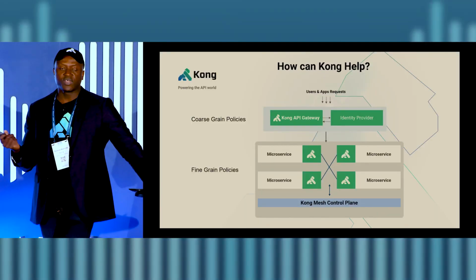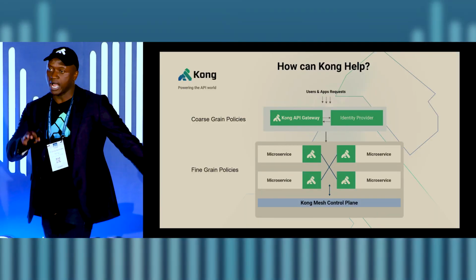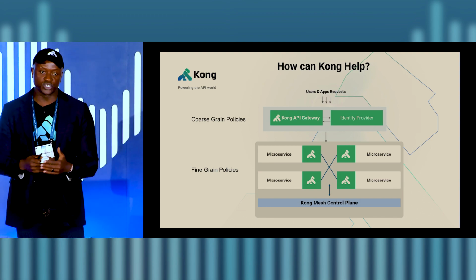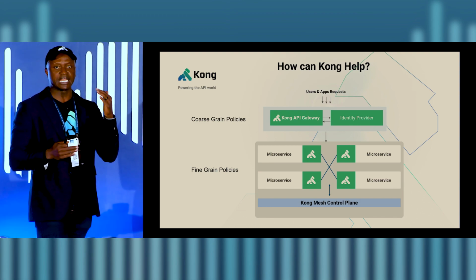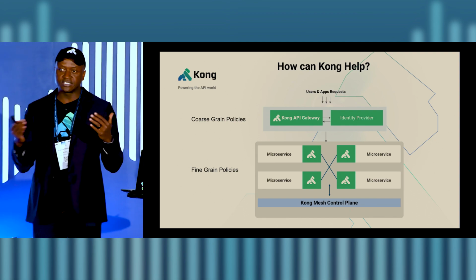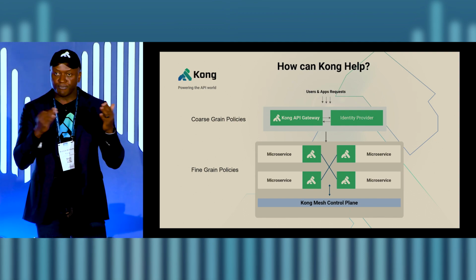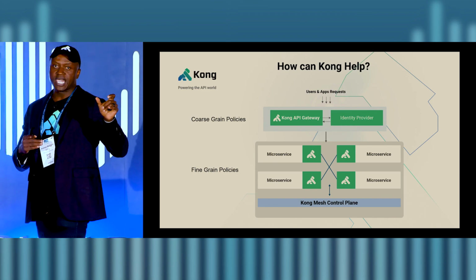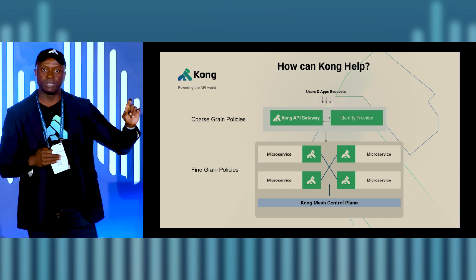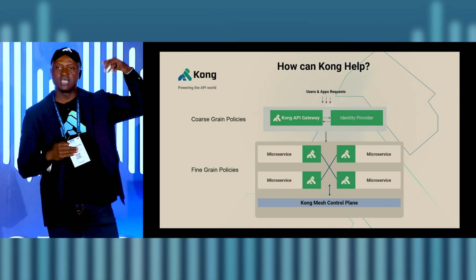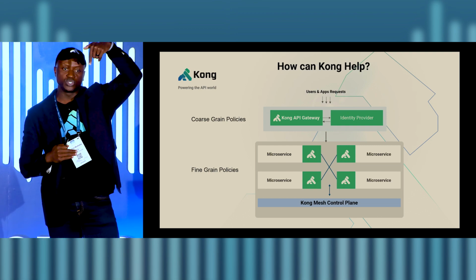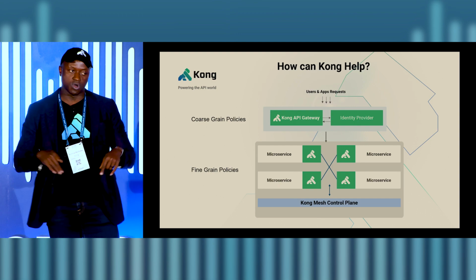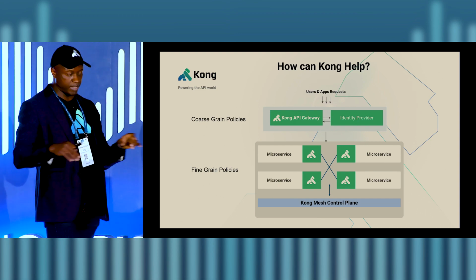So very quickly, we're going to go through how Kong can help and how Kong is helping organizations deal with these challenges today. This is a layered approach, a defense in depth strategy, and the idea here is two-pronged. Through Kong's API gateway, we're able to apply coarse-grained policies at the edge. Imagine traffic flowing north-south into our services, and then east-west across our microservices.